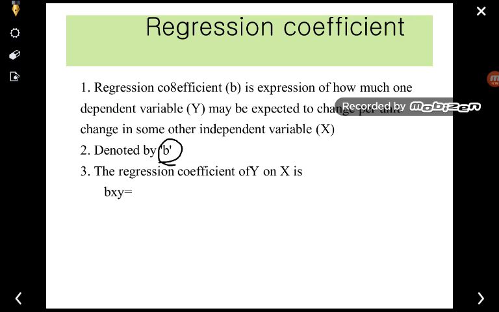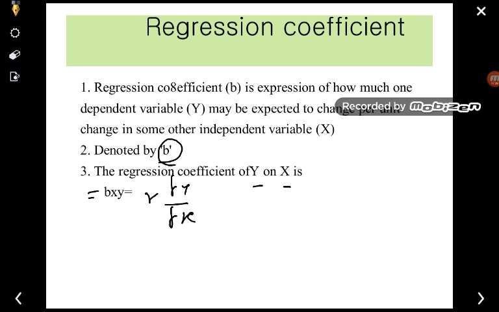So this is nothing but the regression coefficient, and the regression coefficient of y on x. Remember, the regression coefficient of y on x can be written as byx, or it can be written as small r delta y by delta x.